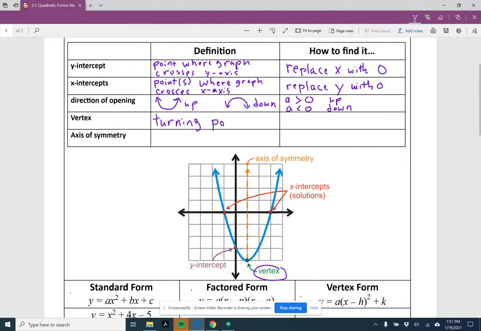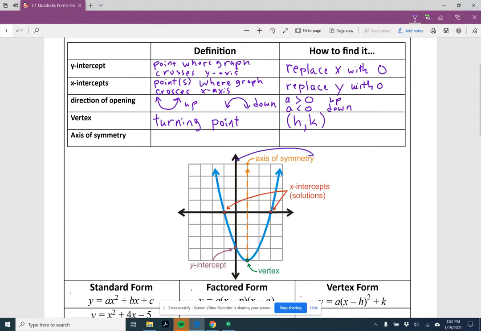We're just going to call it the turning point. It changes direction from going down to going up, or from going up to going down. Decreasing to increasing, or increasing to decreasing. That turning point, the notation we often use for the vertex is h comma k. For now, we're going to use that.